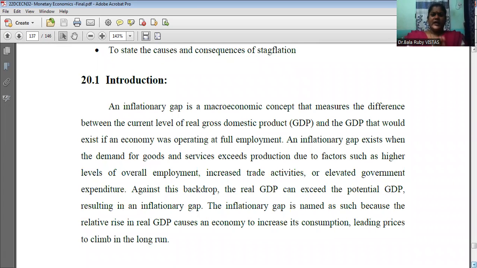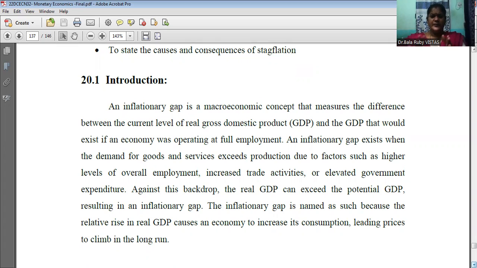An inflationary gap is a macroeconomic concept that measures the difference between the current level of real GDP, that is the gross domestic product, and the GDP that would exist if an economy was operating at full employment.